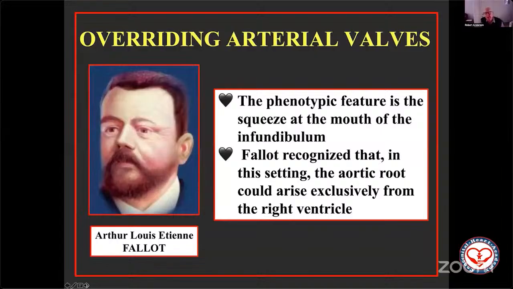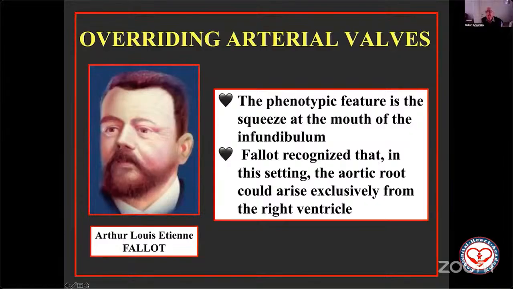But we should also remember that Fallot himself, when making his original description, noted that sometimes, despite the presence of that squeeze at the mouth of the infundibulum, the aortic root can arise exclusively from the right ventricle, what nowadays we're going to call double outlet right ventricle with tetralogy of Fallot.